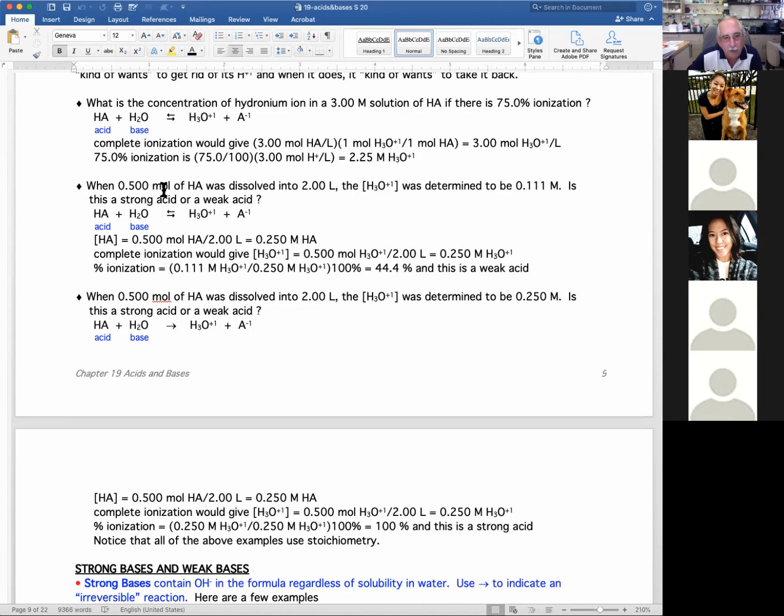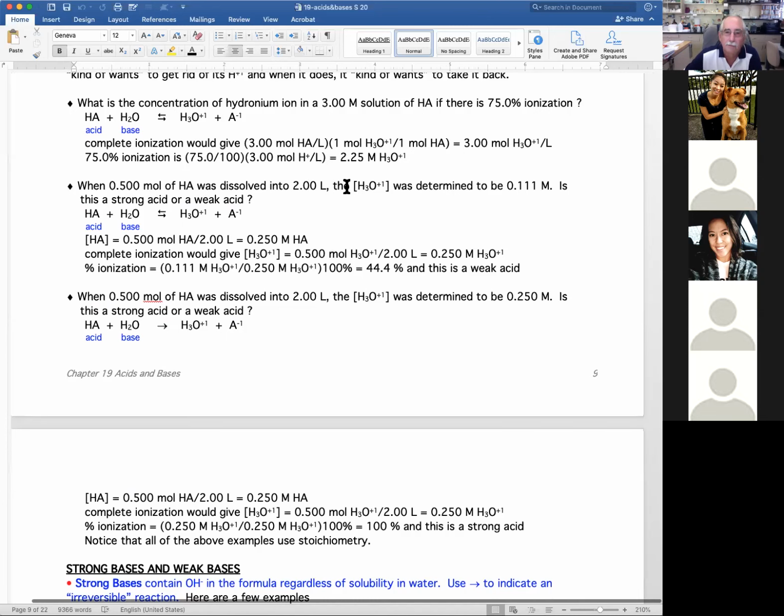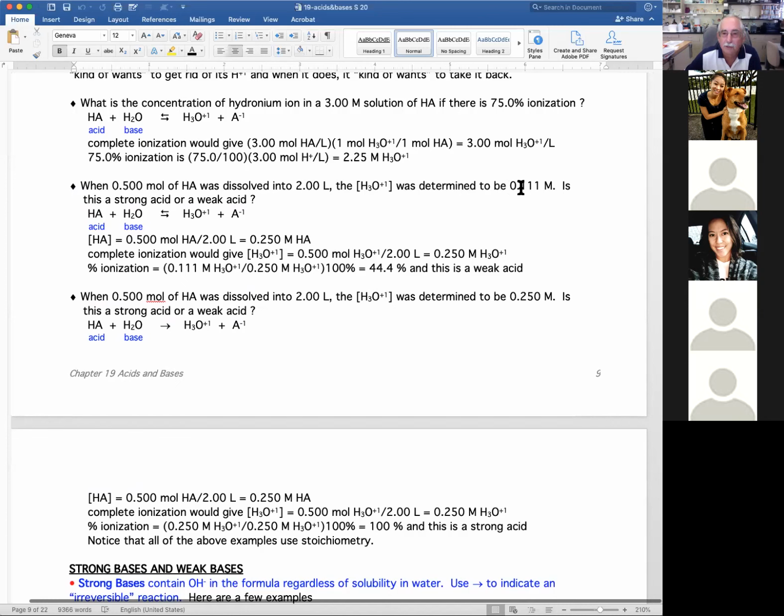When 0.5 moles of acid was dissolved in 2 liters, hydronium ion concentration was determined to be 0.111. Is it a weak acid or strong acid? Well, let's see. I'm writing this equation in water so I can get an idea of how to answer the question.